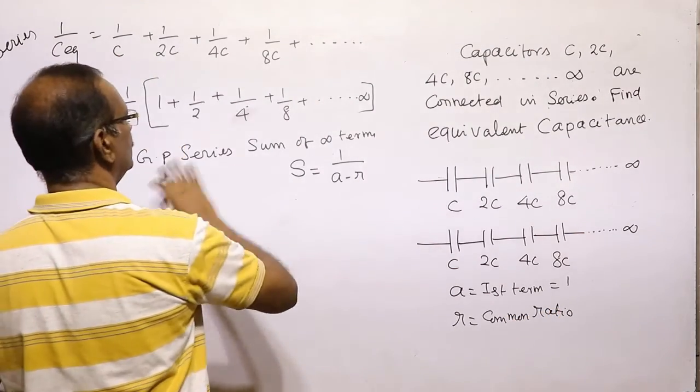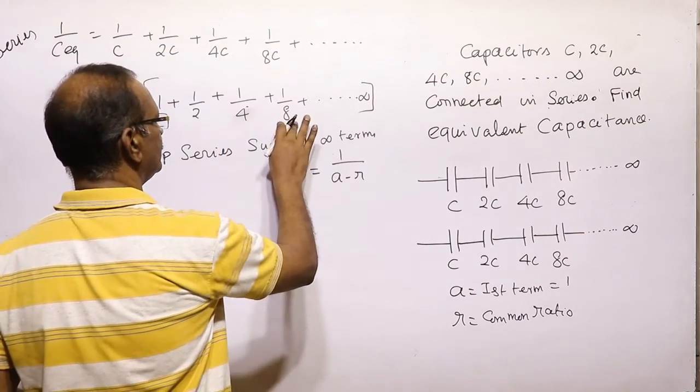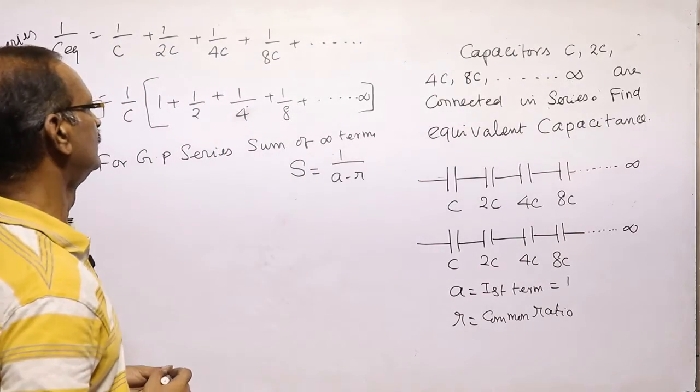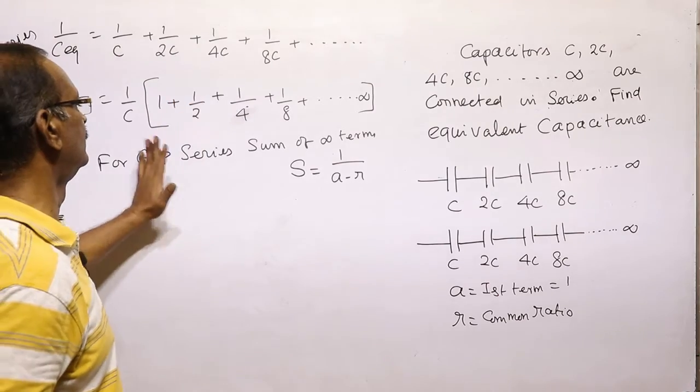This divided by this is the common ratio, and that divided by this one is also the common ratio. The common ratio will be the same for a GP series.